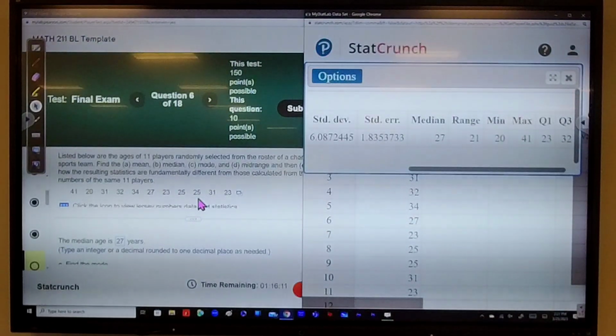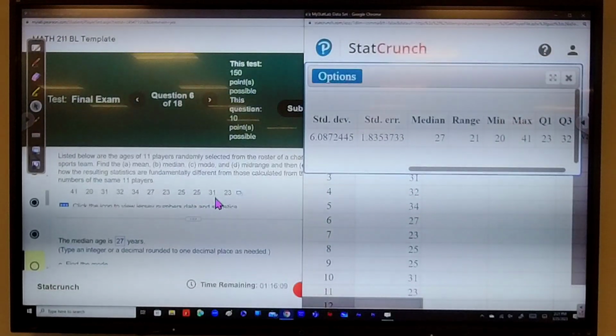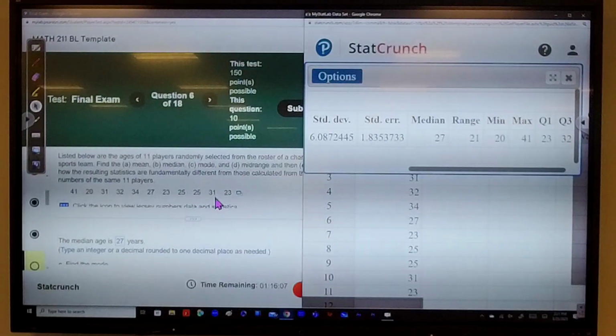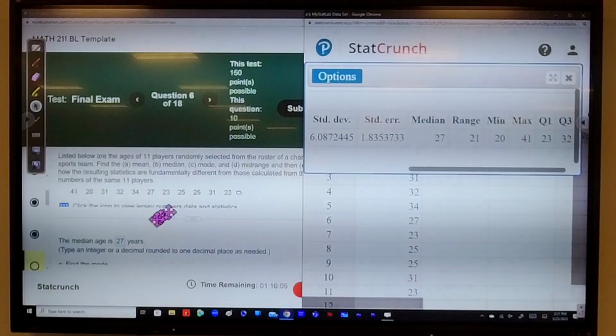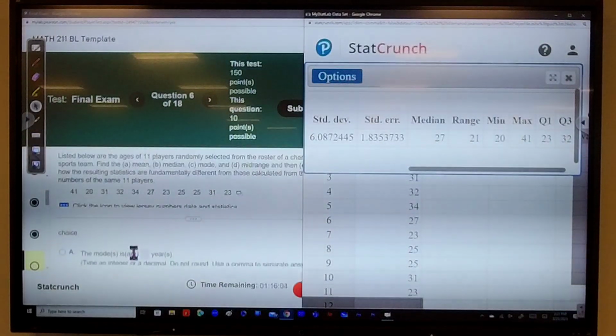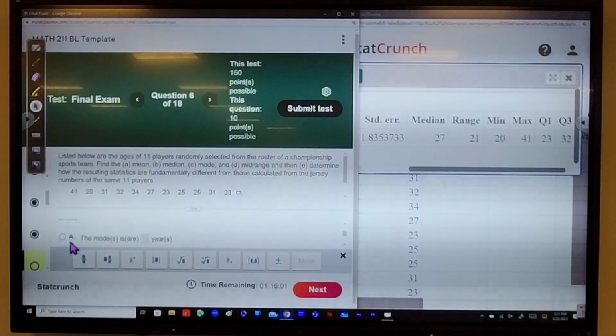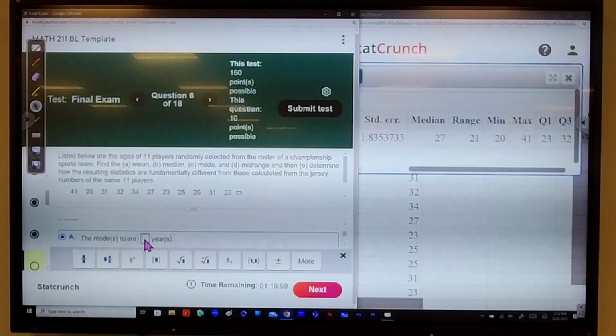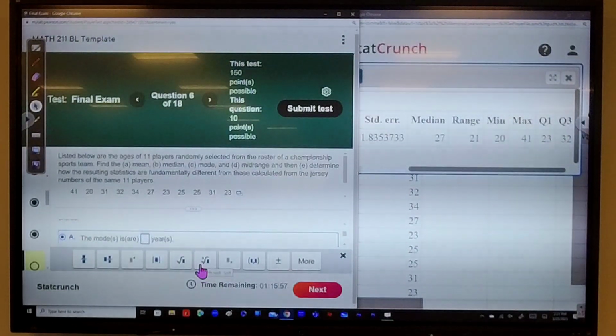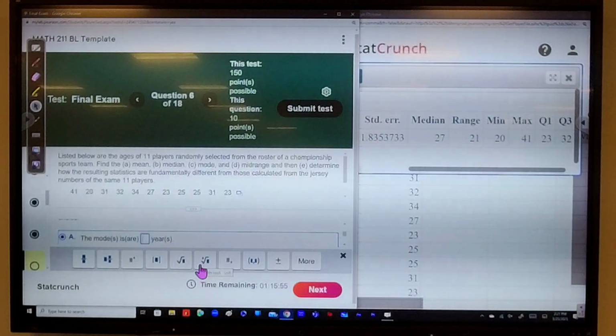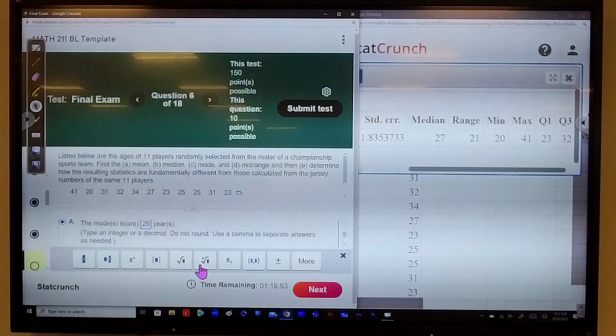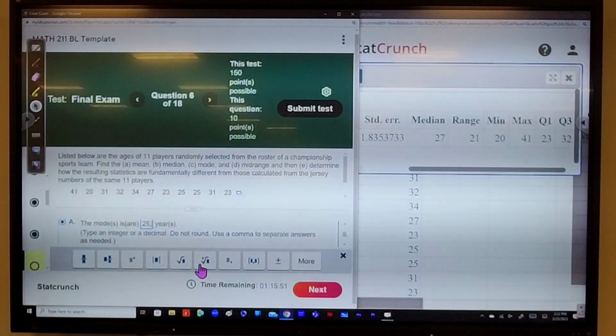I see that the mode is 25 and 31. Even if I had done it in StatCrunch, it would have just said multimodal, and I'd have had to do it by hand anyway. So, 25 and 31.